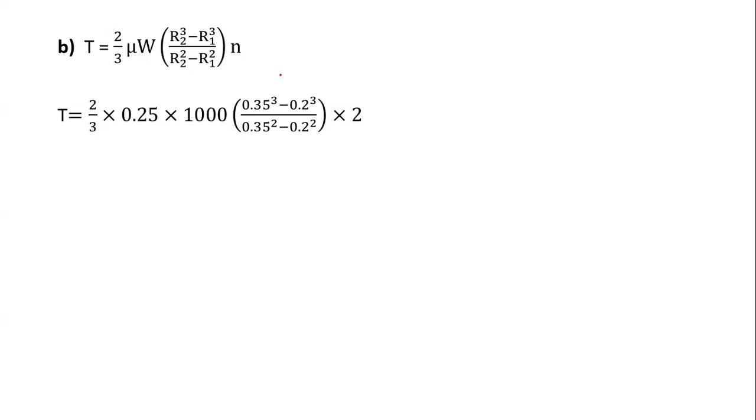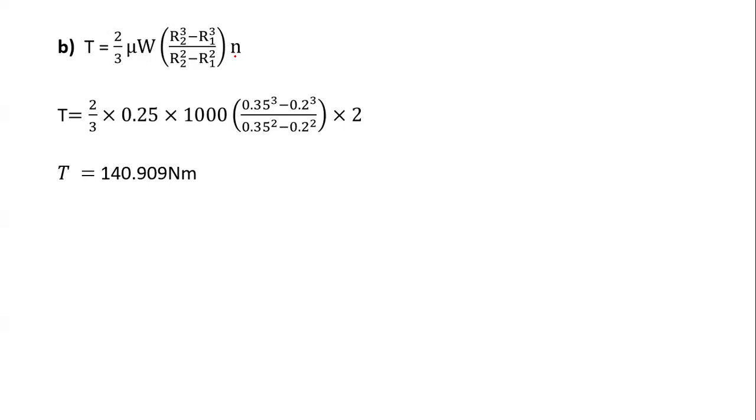Everything remains in the brackets, then we multiply by 2, which is coming from n. Our torque capacity is 140.909. This is a new clutch. The old one was transmitting 137, but this is new, so that's why it's transmitting 140.